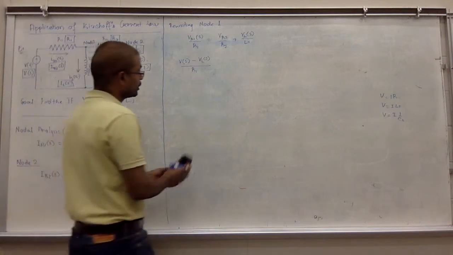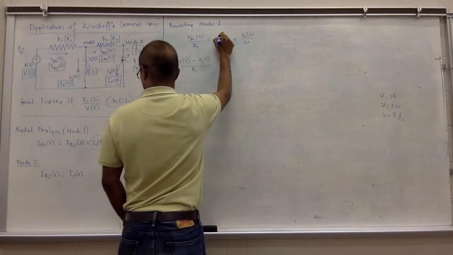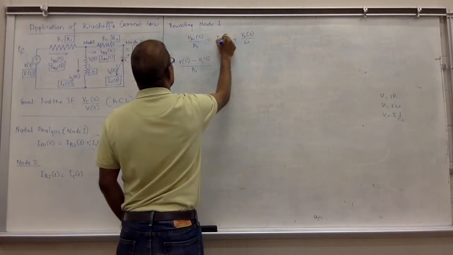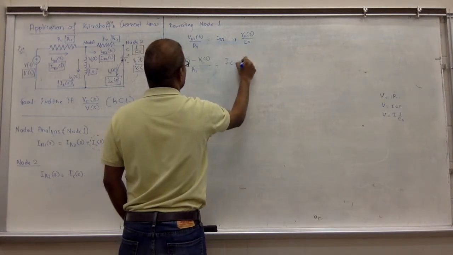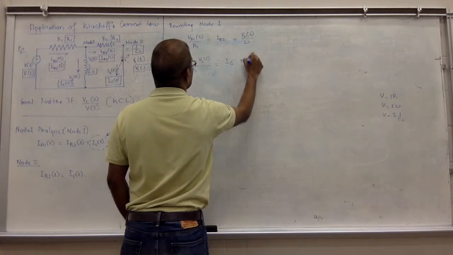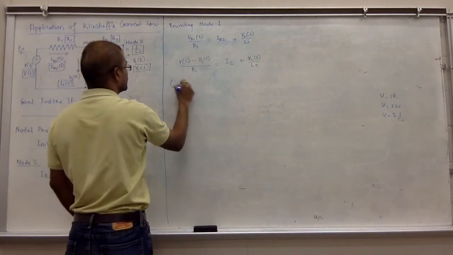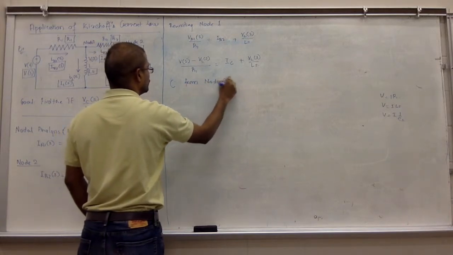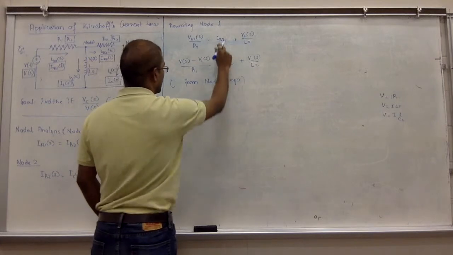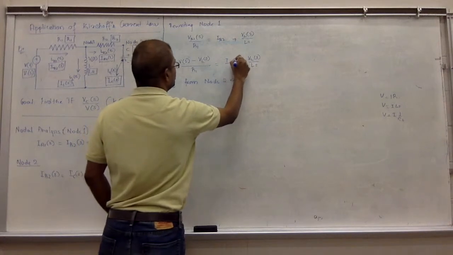Now here what I'll do is I won't use this. I'll just skip this and keep it as IR2, because what I want to do is just use IC, from the node 2 equation. IR2 is IC here, node 2 equation, IC of S.